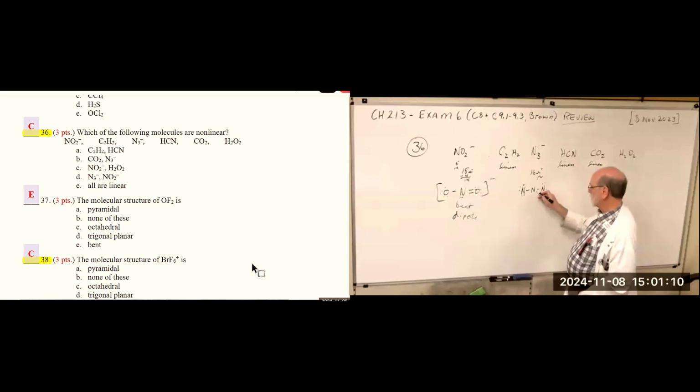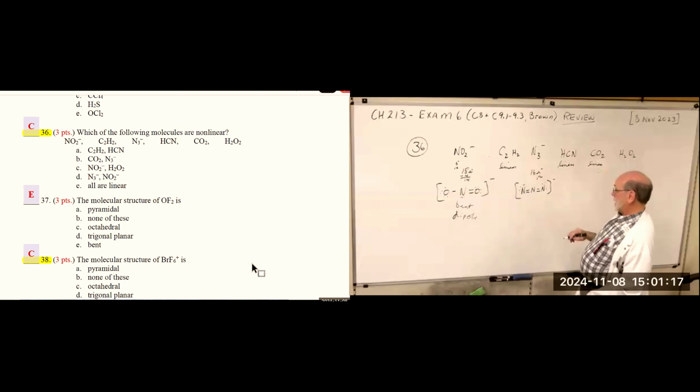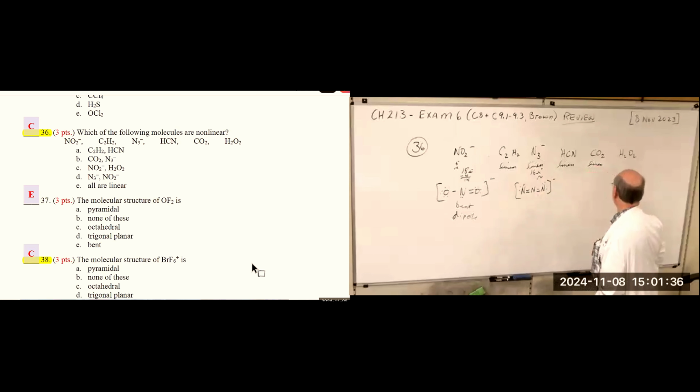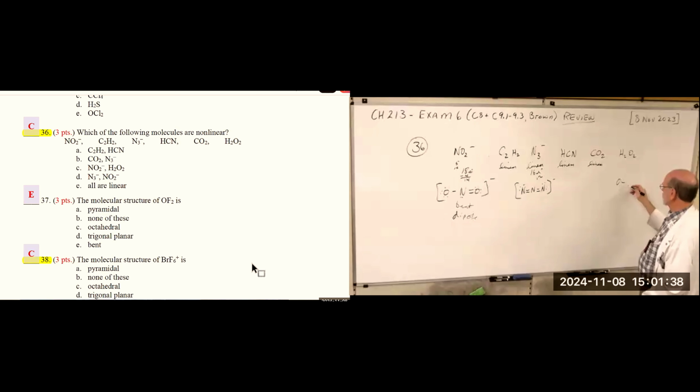So to balance it, we put a double bond on this side and a double bond on that side. It looks like that one's linear. I drew it correctly. And H2O2, I'll go ahead and do this one for you. That's bent here and bent there, so this has a dipole.